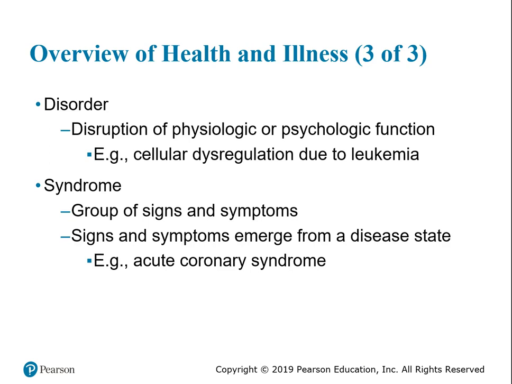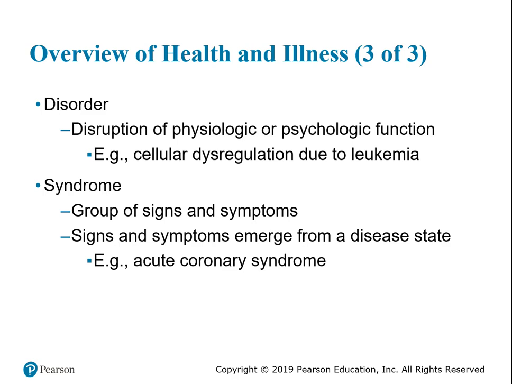Just some more definitions here, right? If we're talking about a disorder, this is disruption of physiologic or psychologic function, right? So it gives you an example of cellular dysregulation due to leukemia, okay? If we talk about a syndrome, we're talking about a group of signs and symptoms, okay?